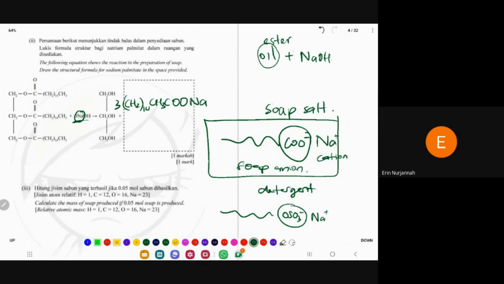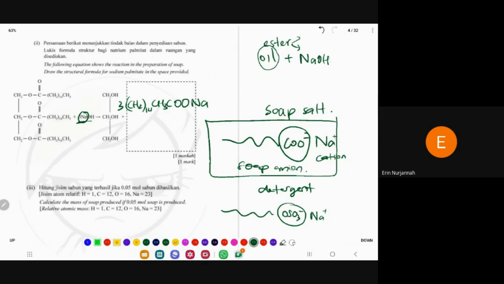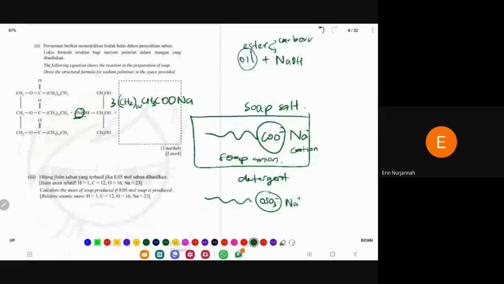So what is ester? Ester is actually made from carboxylic acid and alcohol. Am I right? So oil is actually made from what? Made from fatty acid and glycerol. Correct or not?